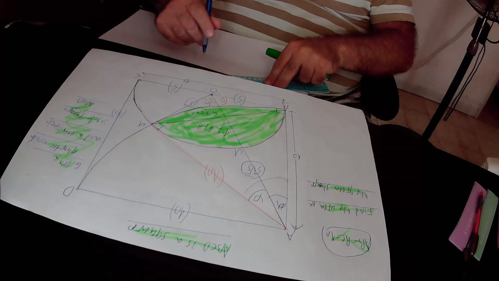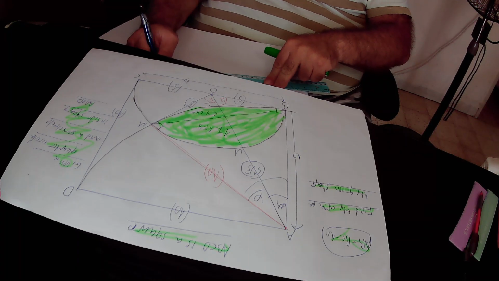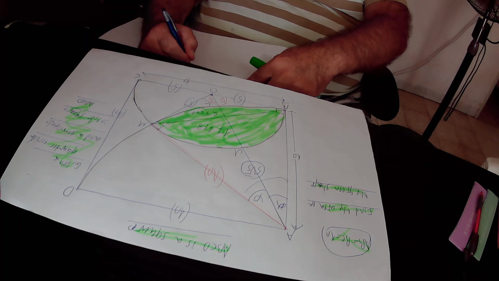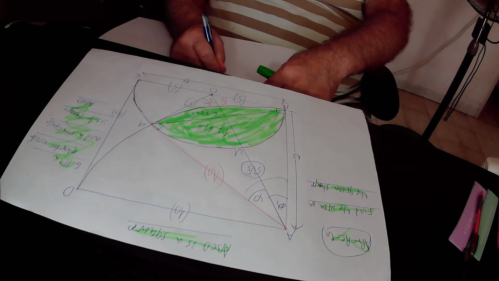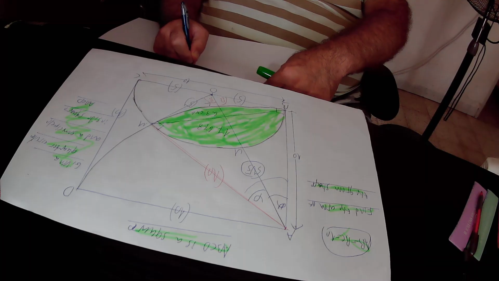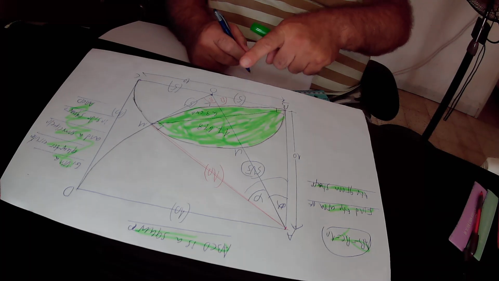So again, the area of the green shape is equal to the area of the upper segment BOM plus the area of the lower segment BLM.